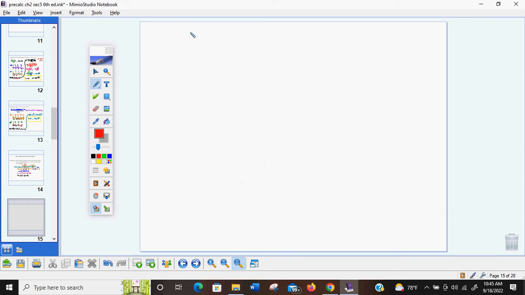So let me just copy over what I had. f of x equals a sub n times x to the 4th minus 3x squared and then minus 4. Okay, let me fix my n.